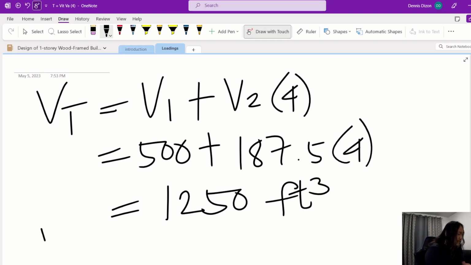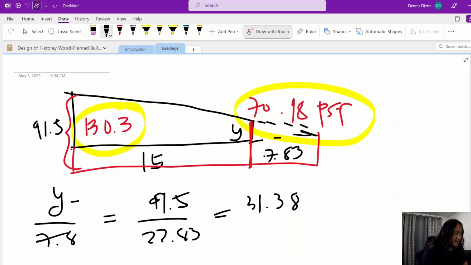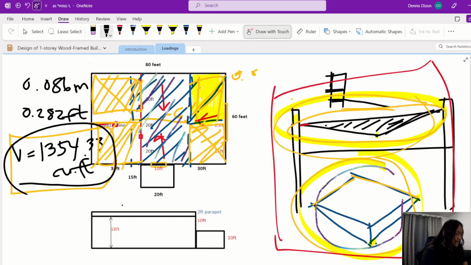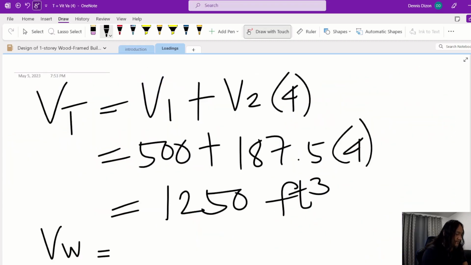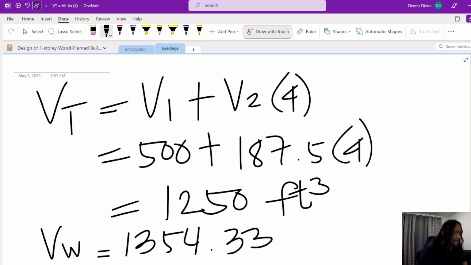And then what's our volume of water? Our volume of water is 1,354.33. So it means the volume of water that can be accumulated based on the 1 day, 1 in 50 year occurrence precipitation is 1,354.33 cubic feet.